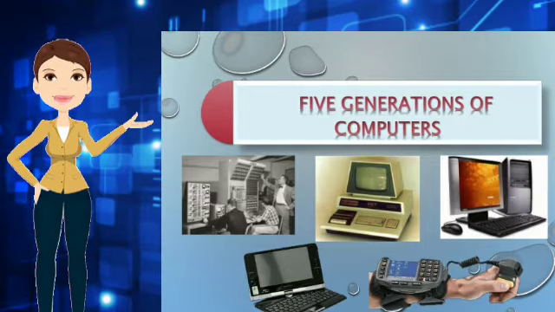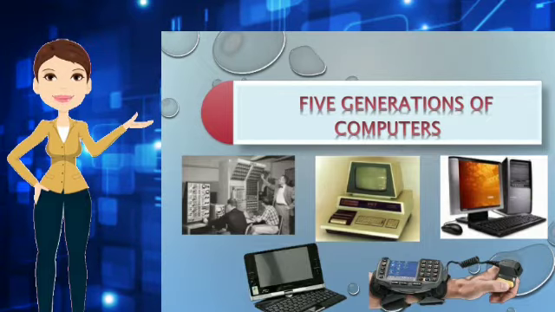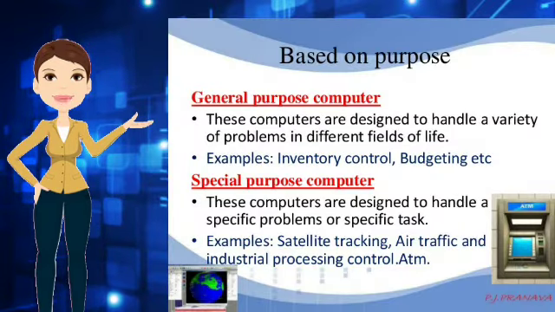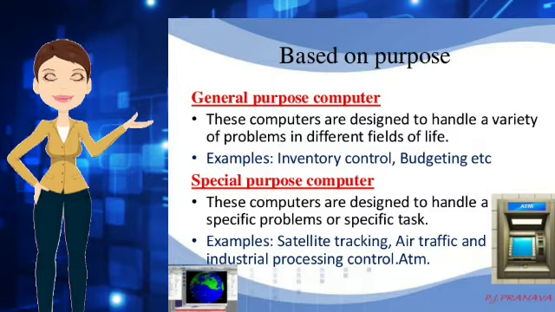And the next classification of types of computers: general purpose and special purpose. General purpose computers can perform a variety of functions. The programs are not permanently stored but input at the time of execution. These computers depend upon software.